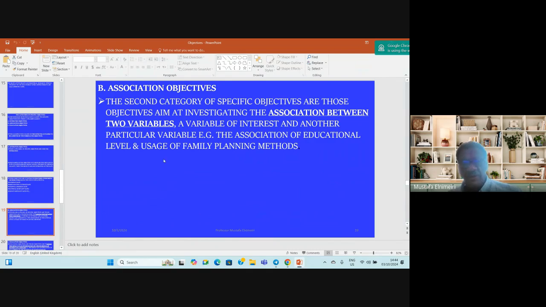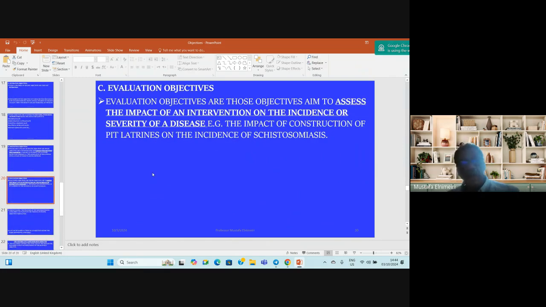Association objectives, the second category of specific objectives, are those objectives aimed at investigating the association between two variables, a variable of interest and another particular variable, for example, education level and the usage of family planning methods or contraceptive pills. The third category is the evaluation objectives. Evaluation objectives aim to assess the impact of an intervention on the incidence or severity of disease.